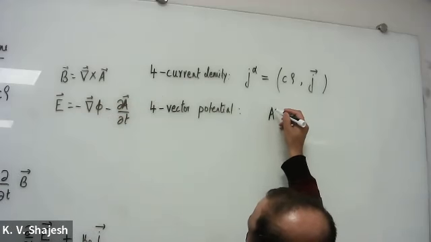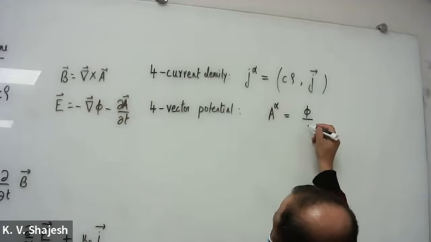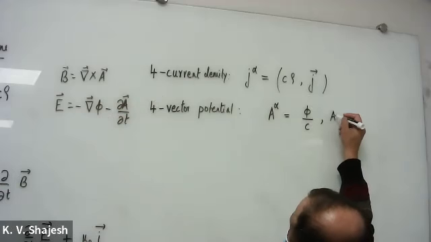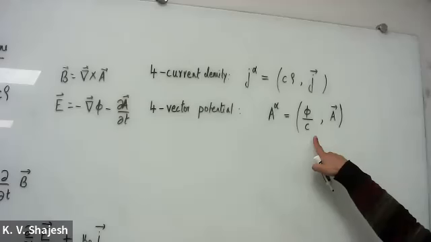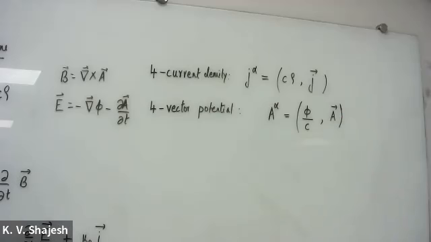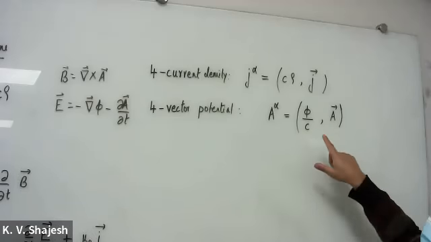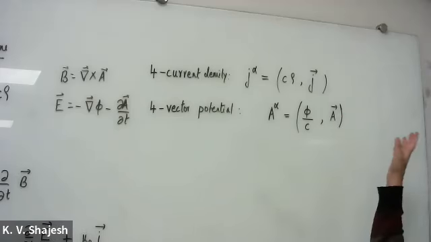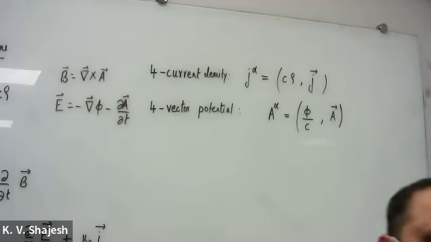We define A alpha as phi over c and the vector potential A. So the scalar potential and the vector potential associated with the electric and magnetic fields go together. What does that mean? It means that in one frame, you could measure A and phi. If you go to another frame, both will change, but the Lorentz vector associated with it will remain the same.